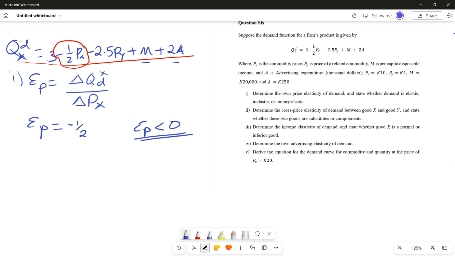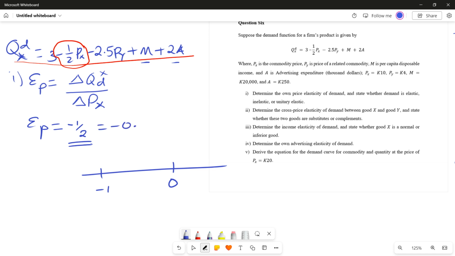Okay, in short, the other way around is to do this. Let me share with you a shortcut method. When you've found your answer, just go on the number line. We know that there's a 0 here, and then here there's minus 1. Since this answer is lying between -1 and 0, because the negative half is more like negative 0.5, we know that negative 0.5 should be somewhere here.